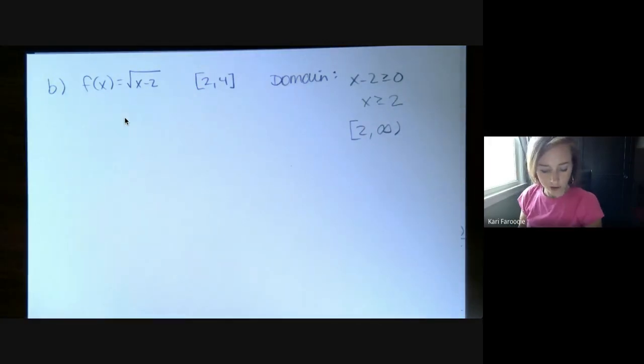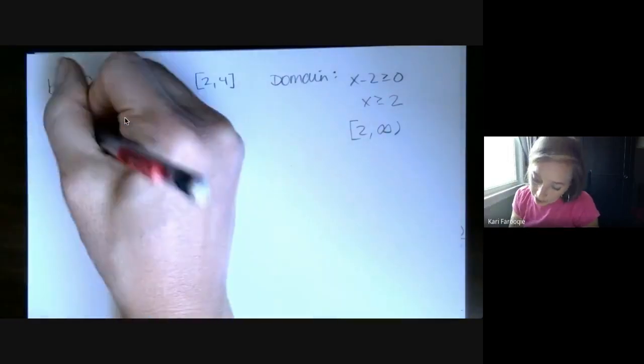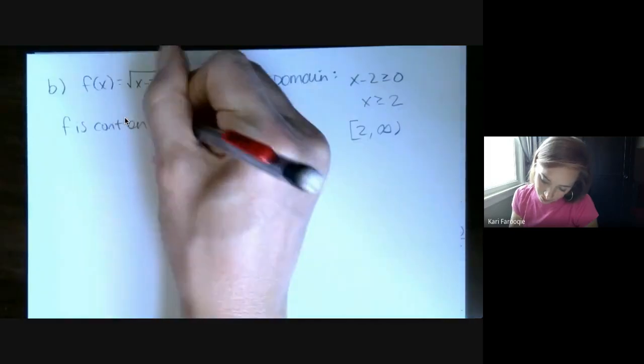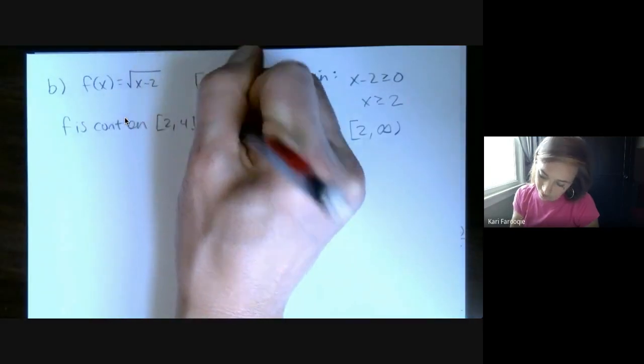And then we're going to look also at the derivative because it's not so straightforward here as far as our differentiability. So we're going to have to look at that. But we can say that f is continuous on 2 to 4. Check.